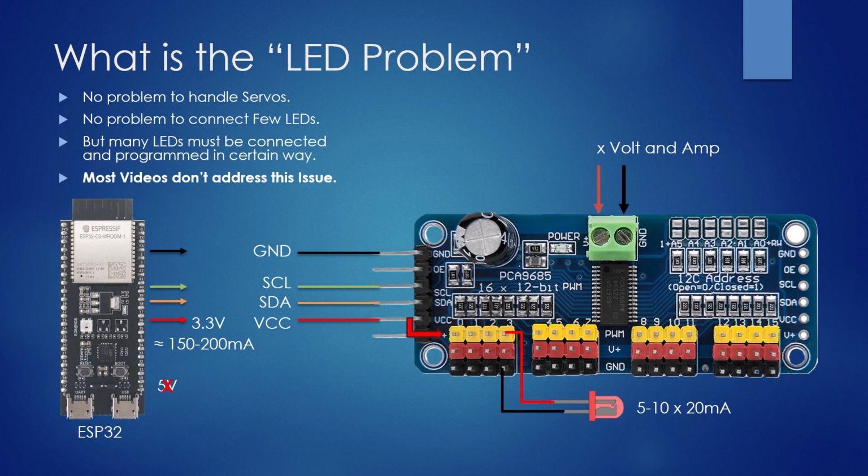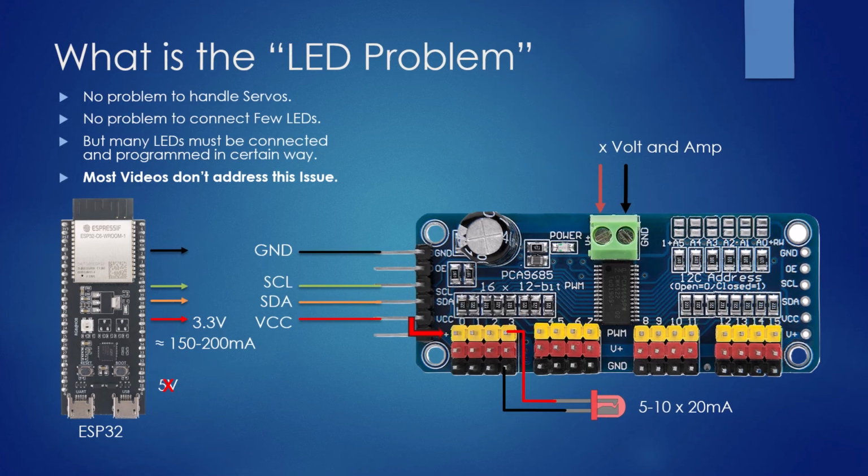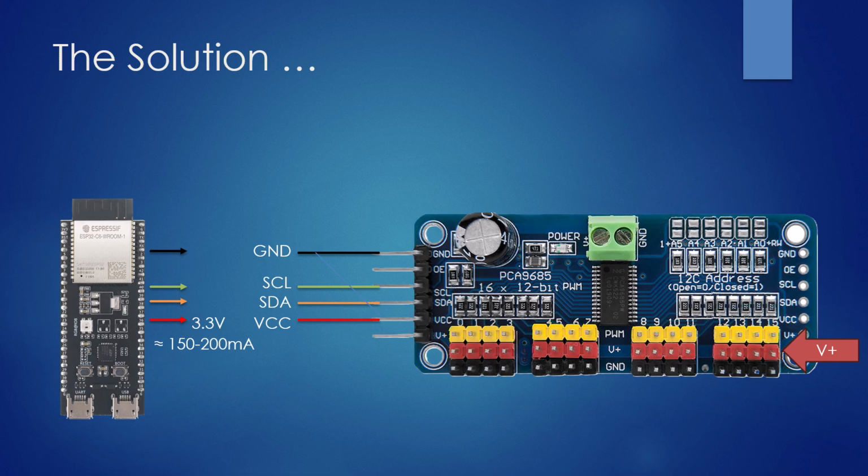But when there is a problem, there is also a solution or solutions. You could have a component like a shift register, but this solution doesn't require any hardware. Connect an external power to either the screw terminal or to the V+ pin.